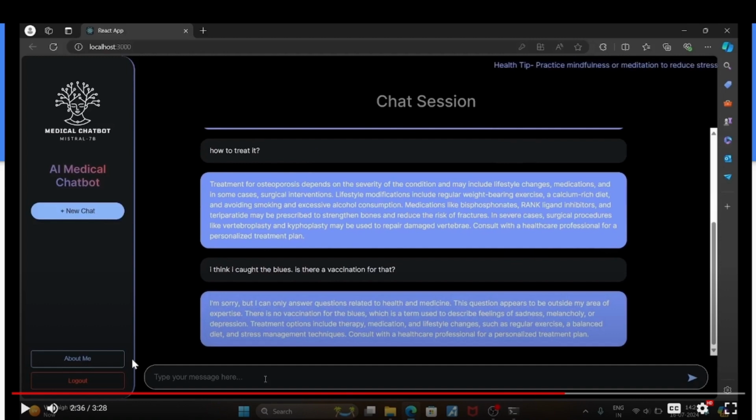The treatment options include therapy, medication, and lifestyle changes. So here the chatbot knows the correct meaning of the word blues. So it's not getting confused, and also it is explaining to the user that it can only answer questions related to health and medicine. So yeah, it is able to answer ambiguous questions too.